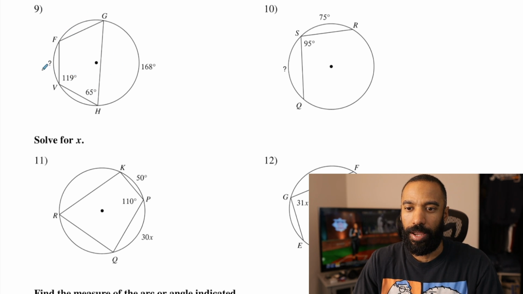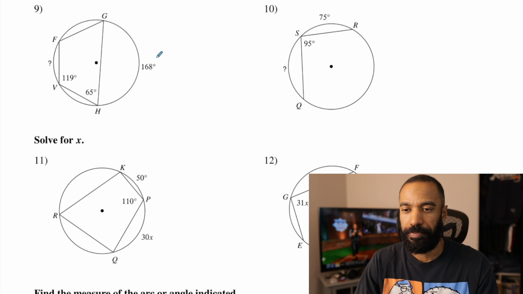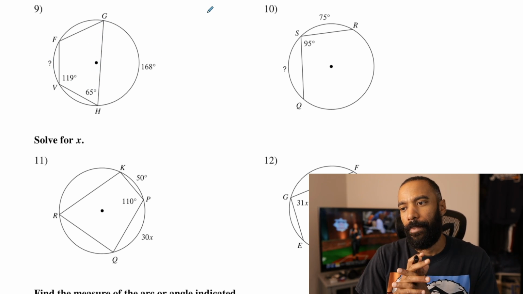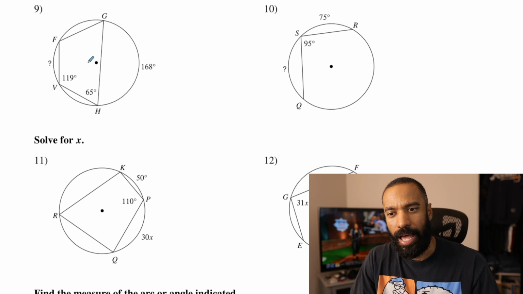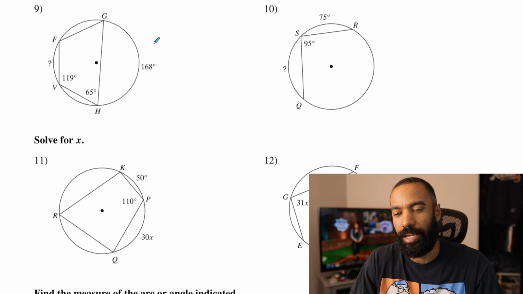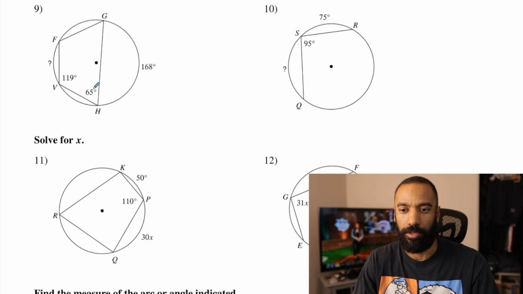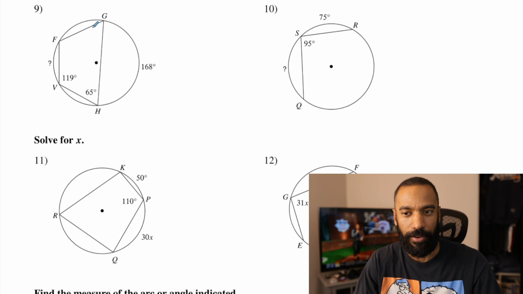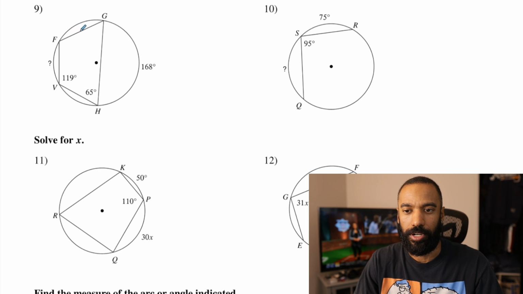Okay, number 9 right here. We have to find out this arc measure right here. And these are the bits of information that we have. Boom, boom, boom, boom. This is a quadrilateral, and I'm not going to talk about quadrilateral properties at this very moment, although I could to bring up what it is we want to do here.